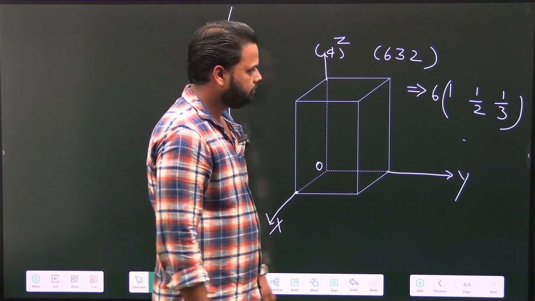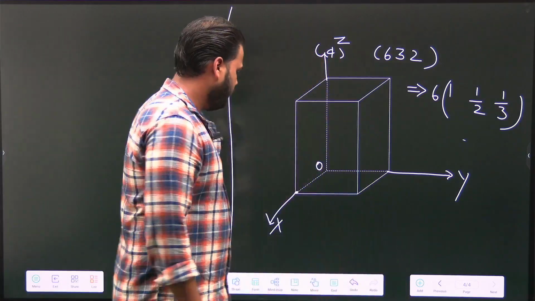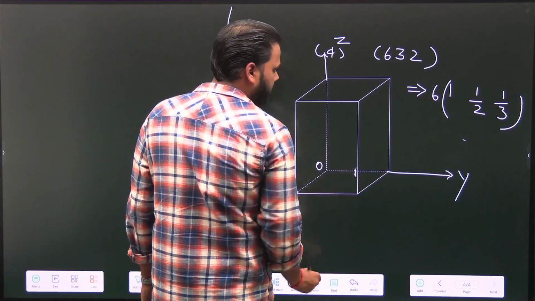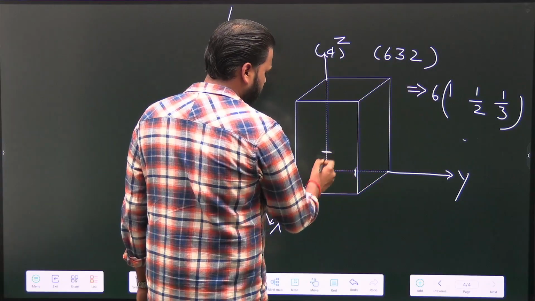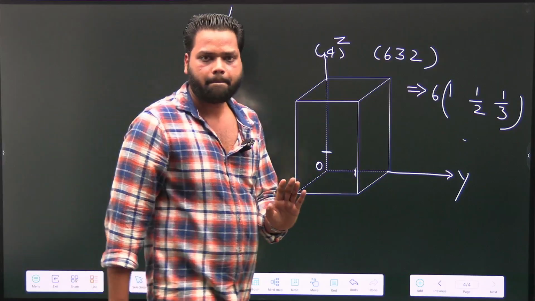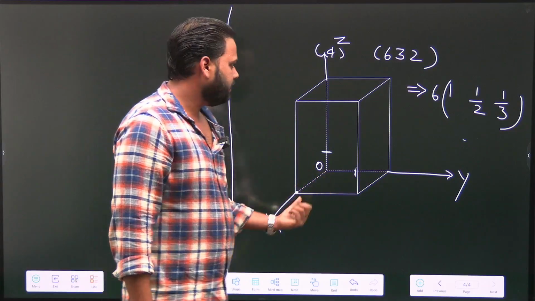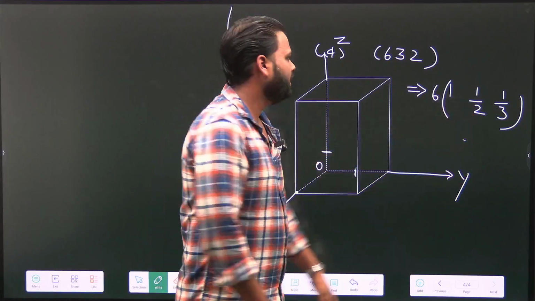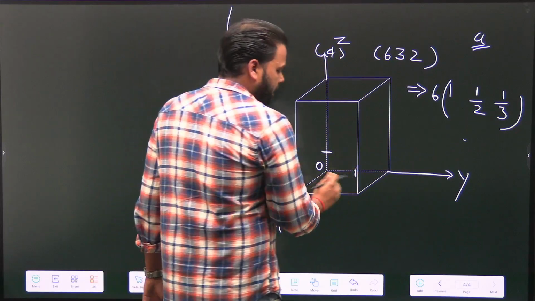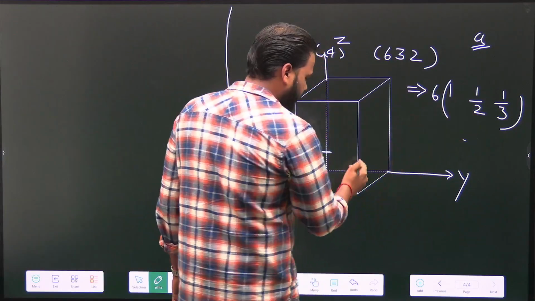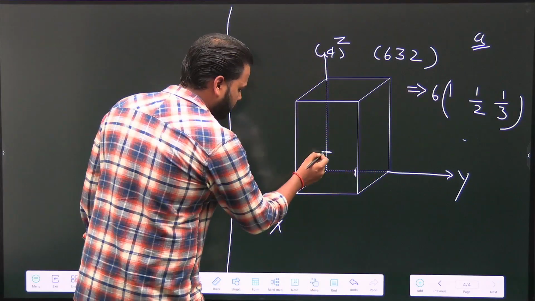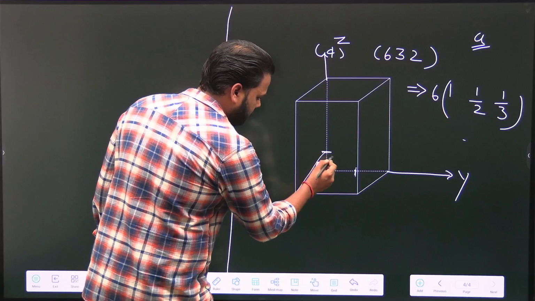Okay, at a distance A, and this will be at a distance y at a distance a by 2 and z at a distance a by 3. ठीक है भाई, clear है? On a x axis, what will be the intercept at a distance A? If you are taking side of the cube is A, then what will be the intercept at a distance A? At y axis, the intercept will be at the half at a by 2, and on the z axis it will be a by 3. So this will be your plane. This will be your point.